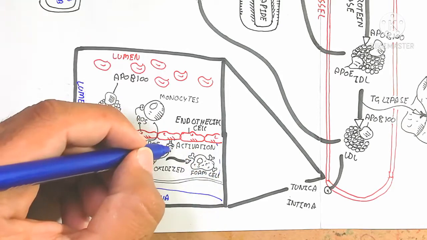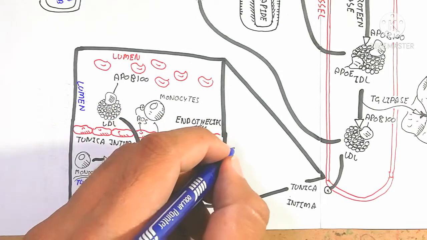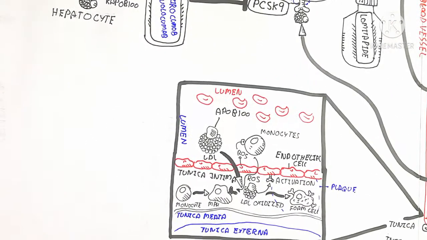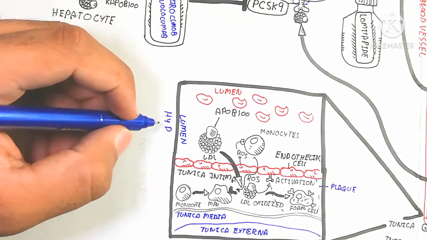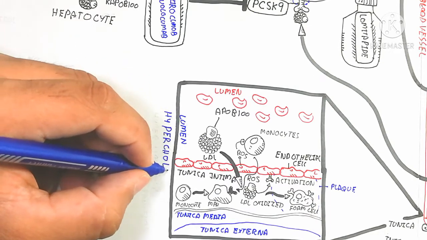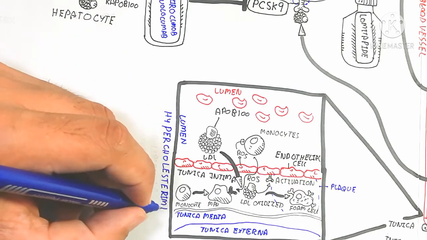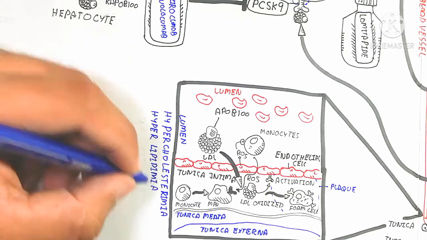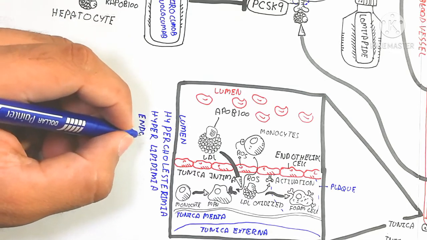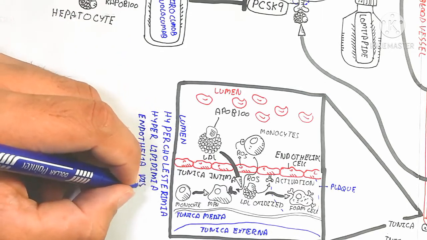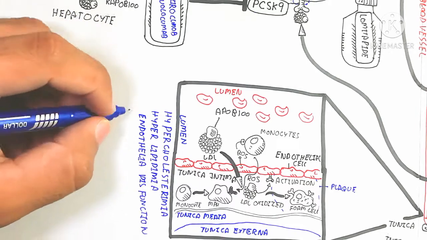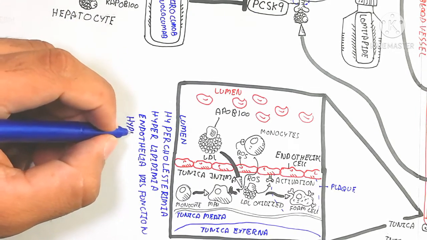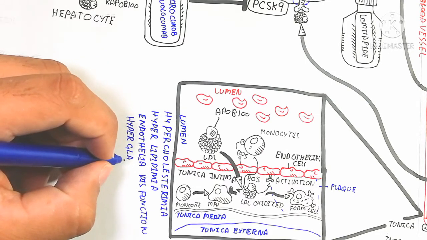So let's talk about the very low density lipoprotein, intermediate density lipoprotein, low density lipoprotein, and high density lipoprotein, which is their formation and how they come to have less cholesterol and a high amount of triglyceride, and their direction. So first of all, we will discuss hypercholesteremia, hyperlipidemia, and endothelial dysfunction, or hyperglycemia, which is a high level of sugar.